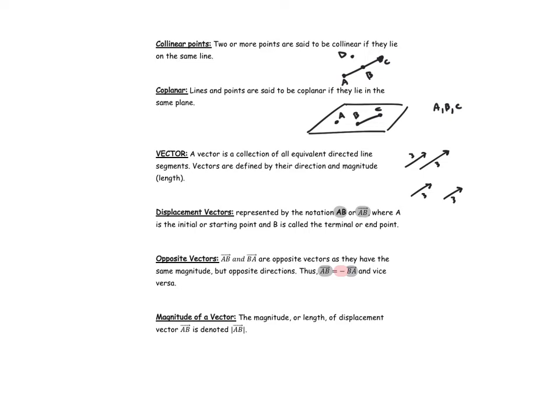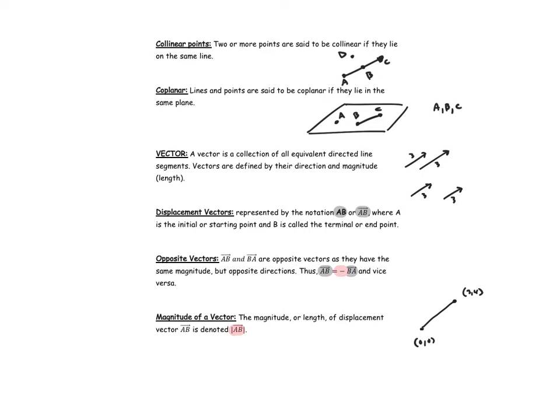Okay, so the magnitude of a vector is the length of the displacement vector, and it's denoted using this notation here. So for example, let's say I have a vector that heads from the point 0, 0 to the point, let's call that 3, 4.